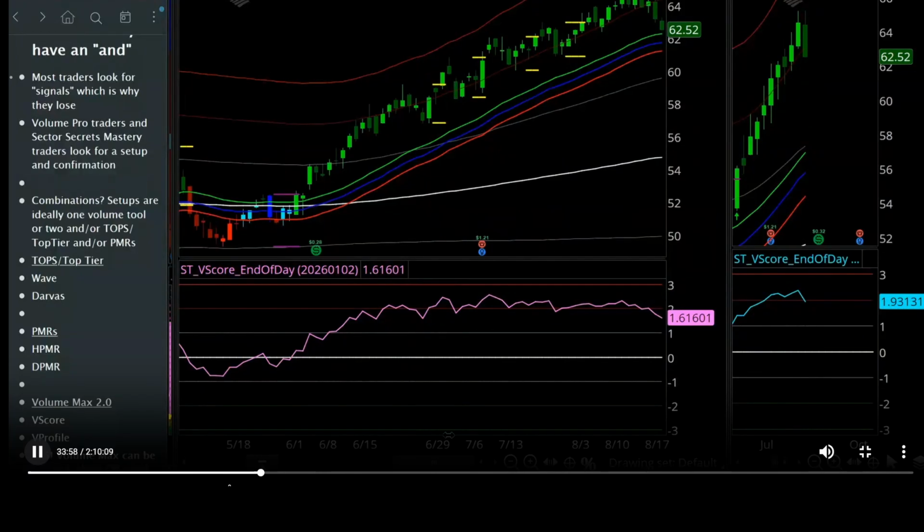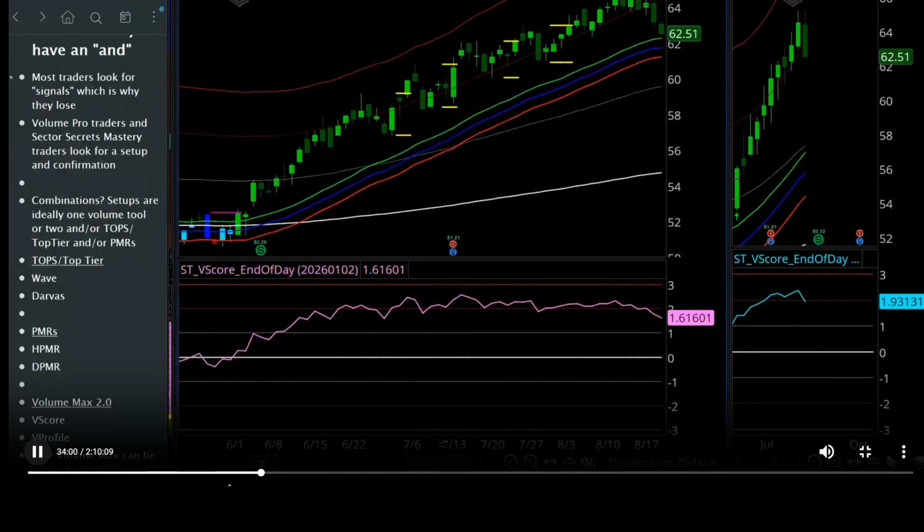So if I have a 3rd Friday coming up, which we do, as we're doing this live class coming up tomorrow, I'm typically going to wait for price action to pull towards high open interest levels. And that would give me a third "and." VScore, wave, and a high open interest level. So for OpEx, you bet I'm going to use that third filter.